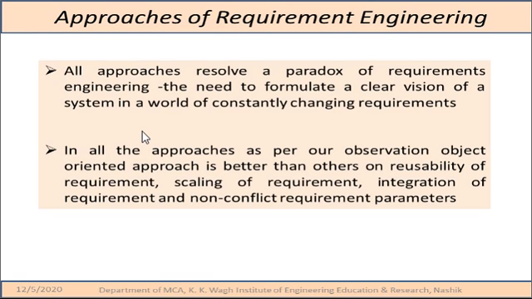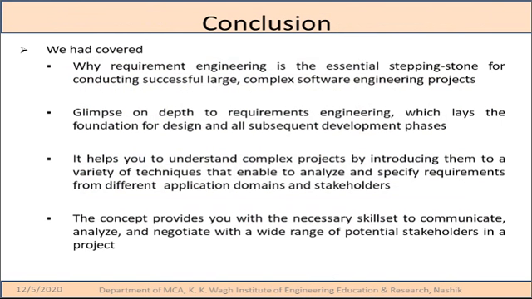As per our observations, the object oriented approach is better than the other approaches, as it helps with reuse of requirements, scaling of requirements, integration of requirements, and the non-conflict requirement parameter. This is all about the approaches of requirement engineering.